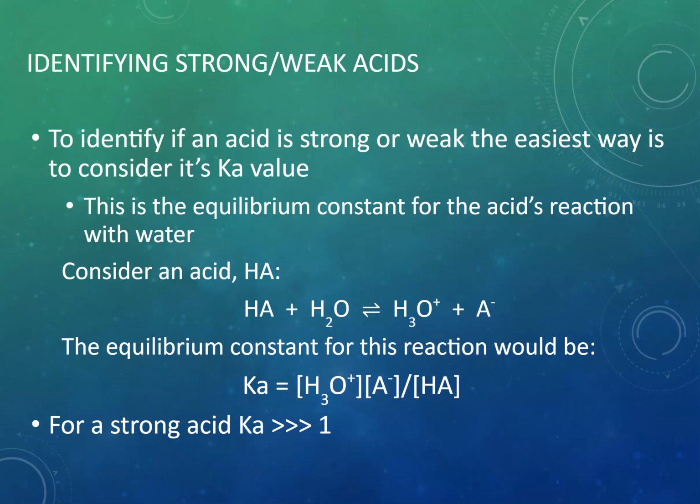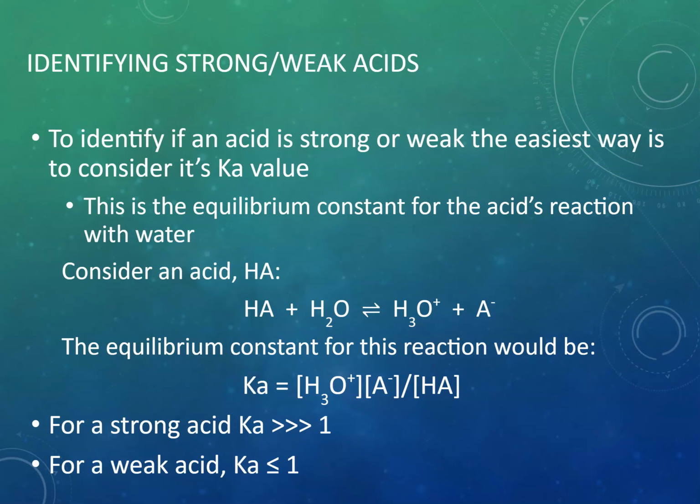Most of what we're going to deal with in this topic are weak acids where the Kas are significantly less than 1. So typical values for Ka would be around something times 10 to the minus 4 or 10 to the minus 5. So 0.0000 something or other. Those would be typical values for a weak acid.